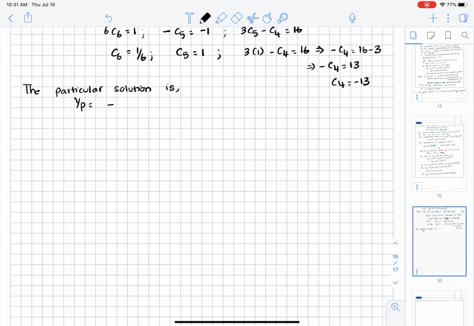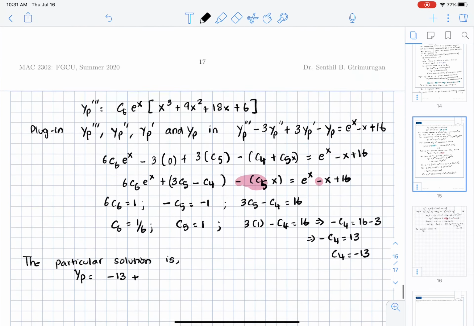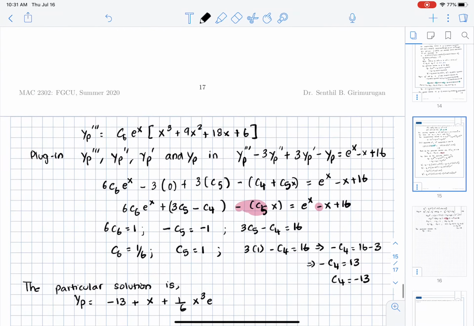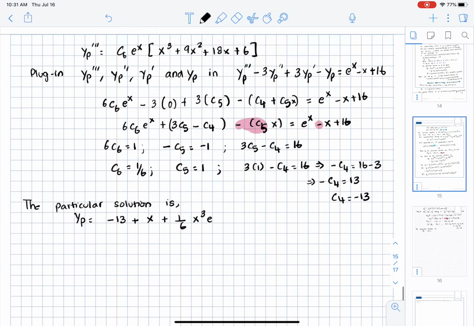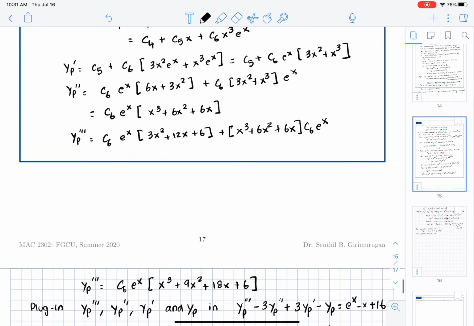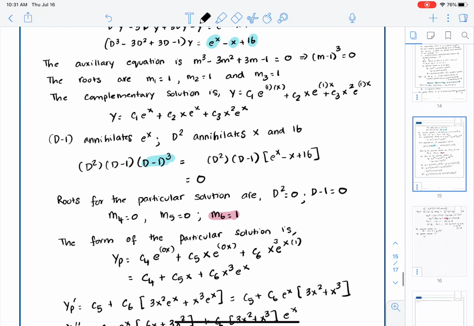is minus 13 plus C5 is 1, 1 times x is x, plus 1 over 6 x cubed e raised x. And the general solution is y equals yc plus yp.